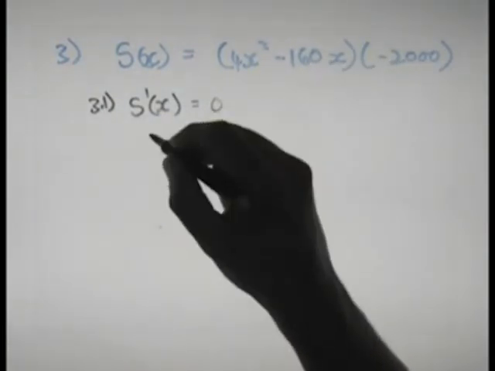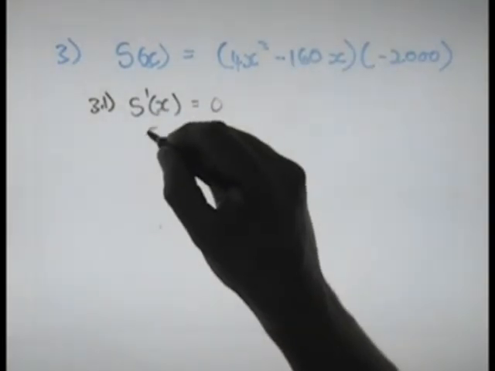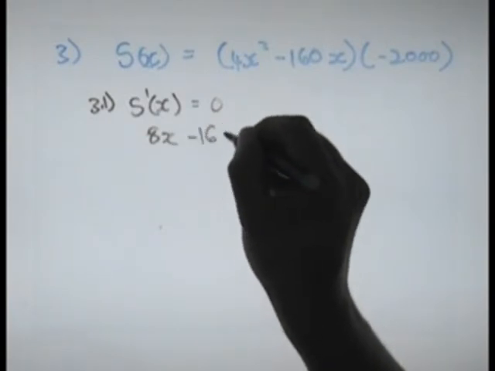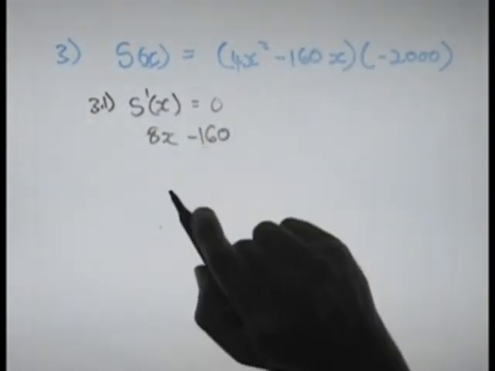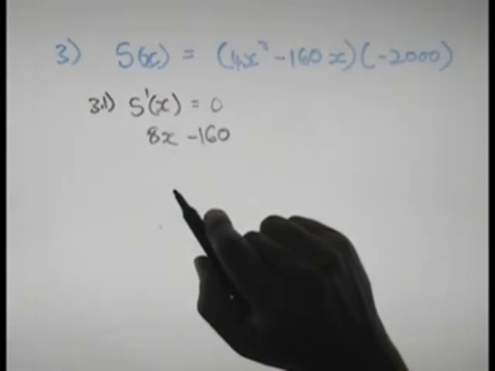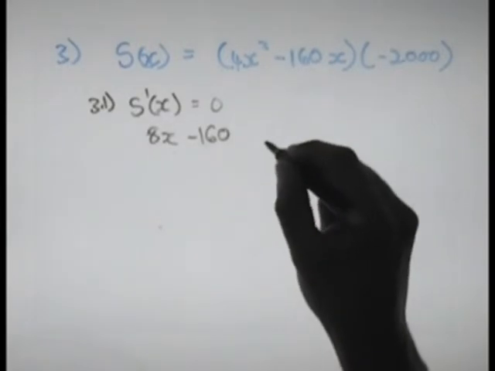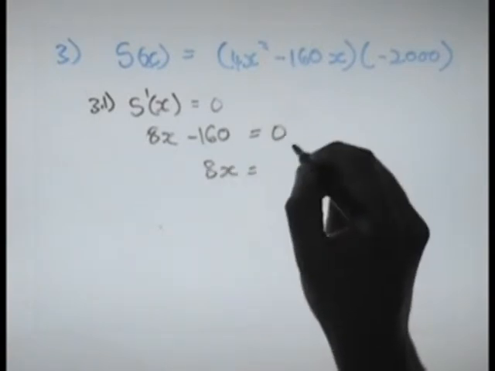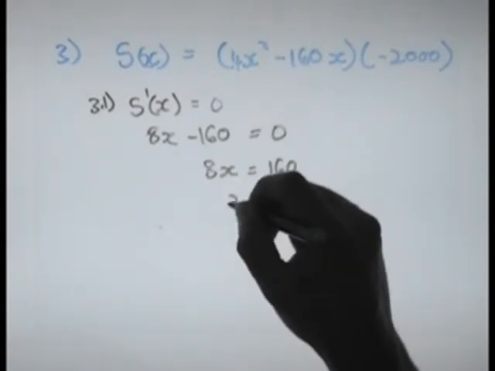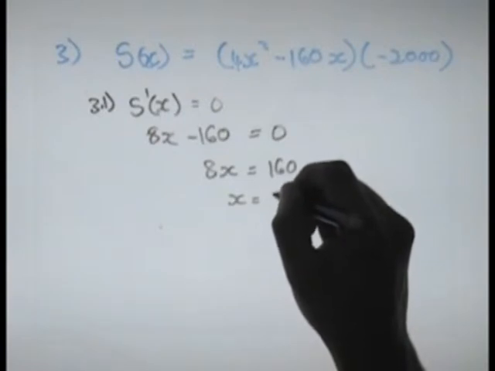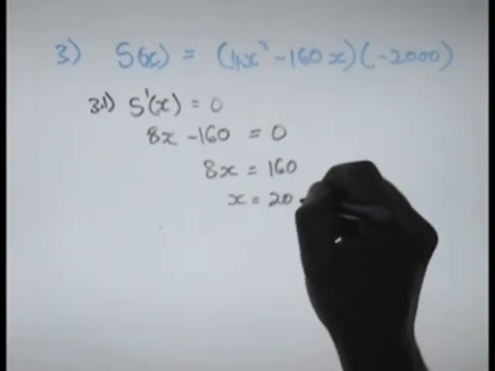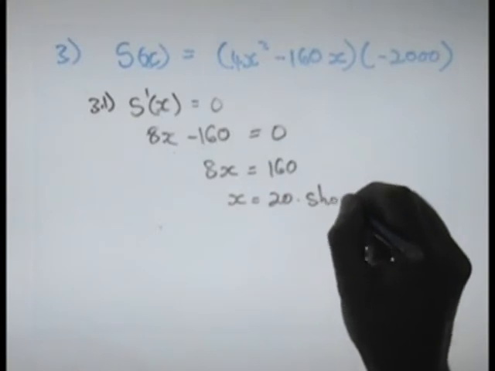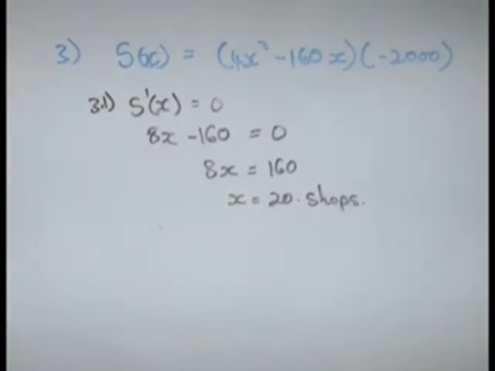In this case, the gradient is going to equal 8x minus 160, and that has to equal 0. That means that 8x is equal to positive 160. That means that x is equal to 160 divided by 8, which is 20 shops. 20 shops would yield the maximum amount of shoppers.